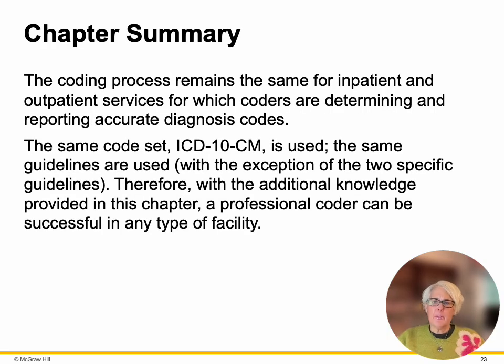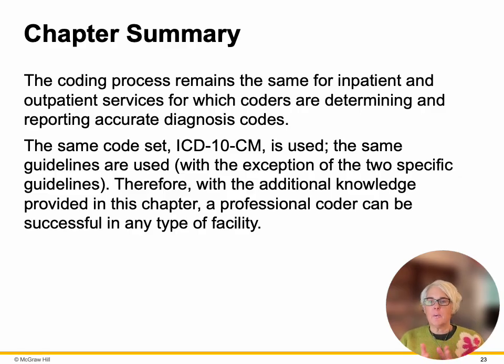So to wrap up this chapter, I want you to remember that the coding process itself is consistent. We review documentation, we identify the diagnosis, we assign ICD-10-CM codes using those official coding guidelines. What changes from the outpatient to the inpatient setting are the rules and the definitions that surround those codes.